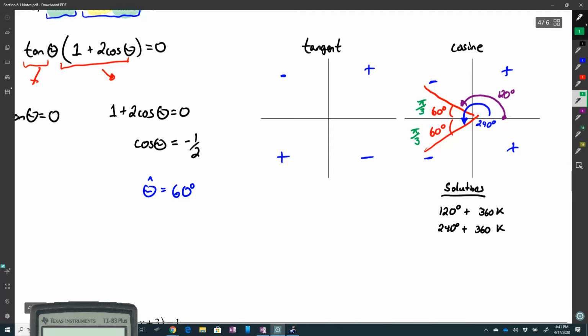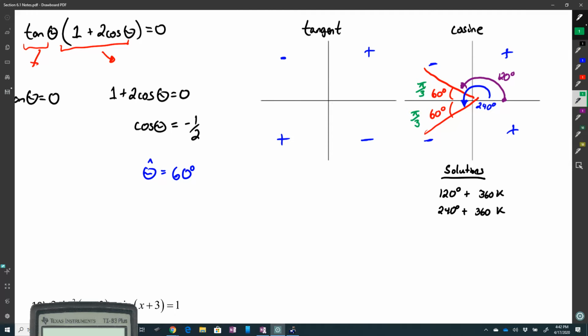If you were doing it in radians, so this is the degree solutions. If you're doing it in radians, it would be, 120 degrees is 2 pi over 3. I'll write them next to each other.